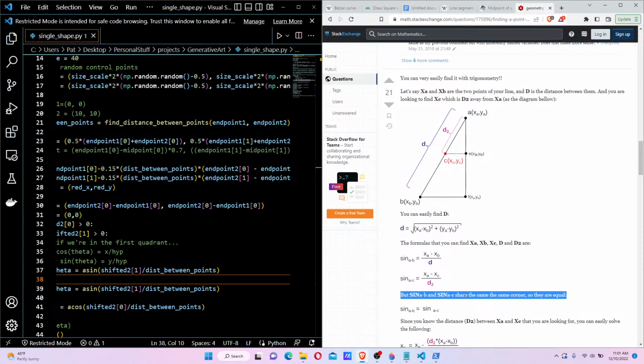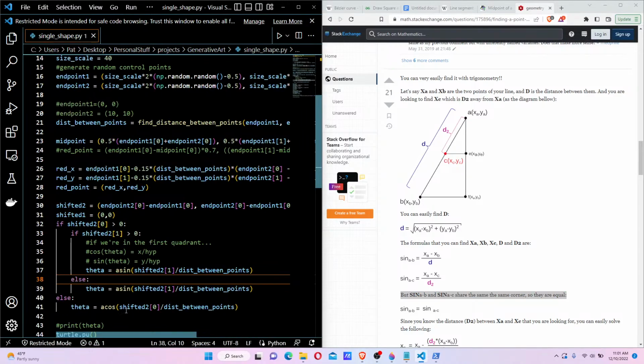So if we move endpoint 1 to 0, then shifted to endpoint 2 minus endpoint 1. So that's the same as moving endpoint 1 to 0.